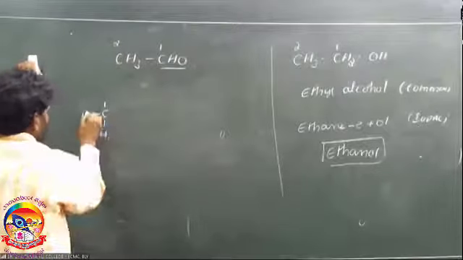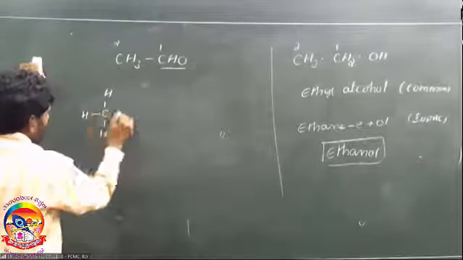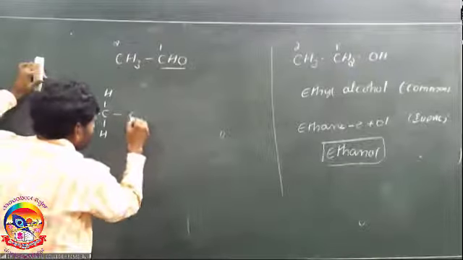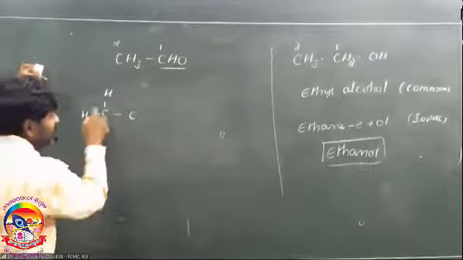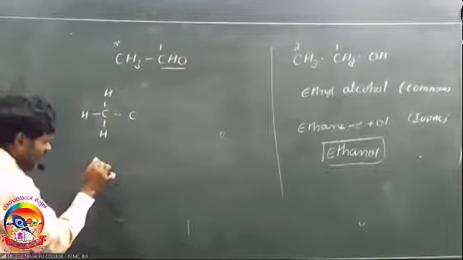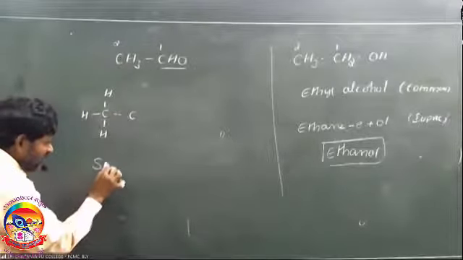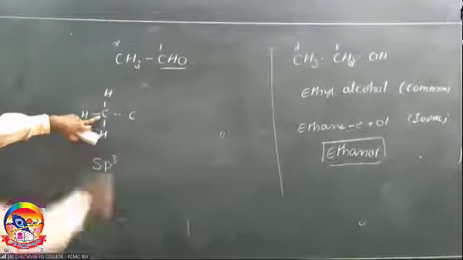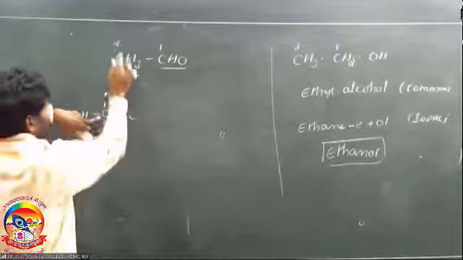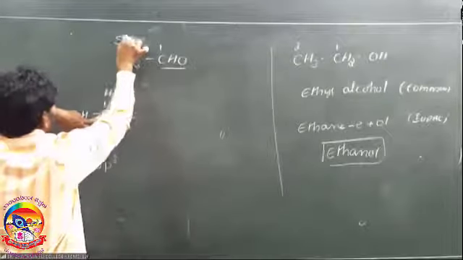Carbon and hydrogen always contain a sigma bond. Next is the other carbon. If the tetravalency of carbon is satisfied by only single bonds, its hybridization is sp3. So the hybridization of the CH3 carbon is sp3.